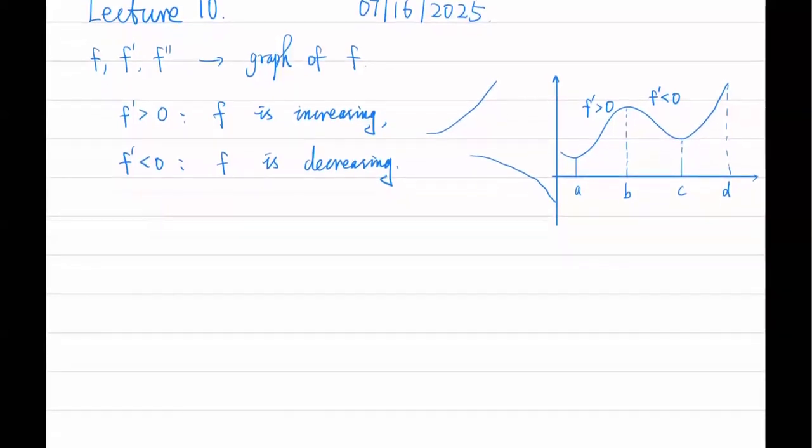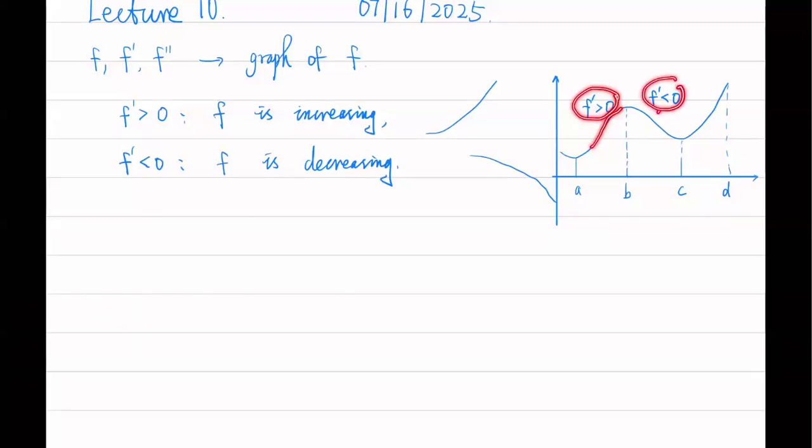So now let's look at this point B. On the left, it's increasing. On the right, it's decreasing. Right? So this point is a local maximum. So if we have this pattern, on one side a positive derivative, the other side a negative derivative, then this point will be a local maximum.